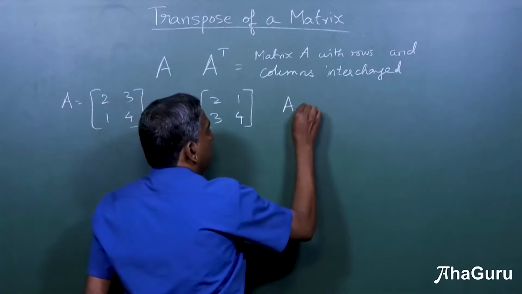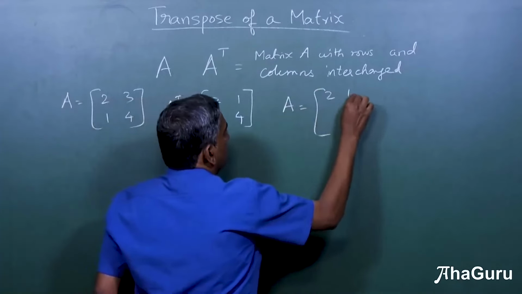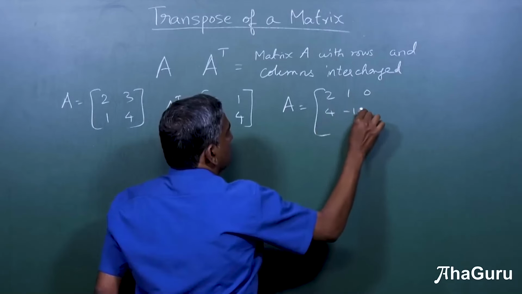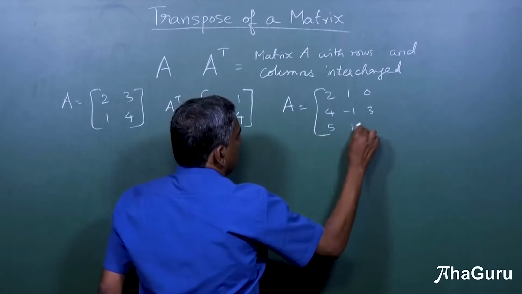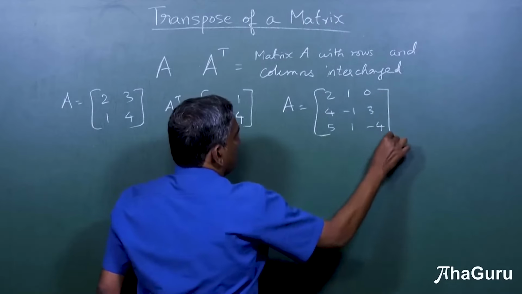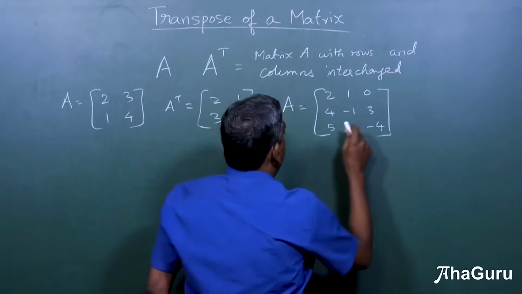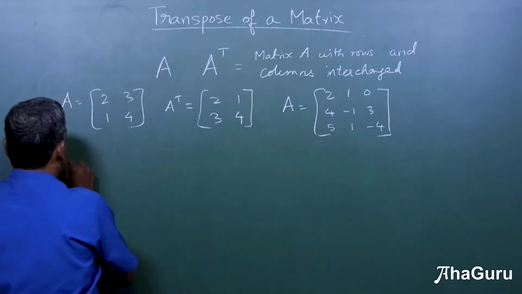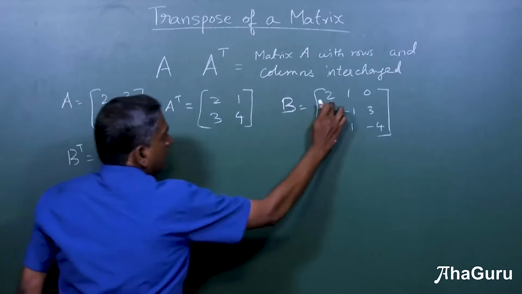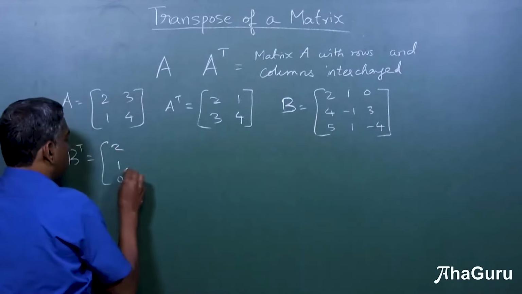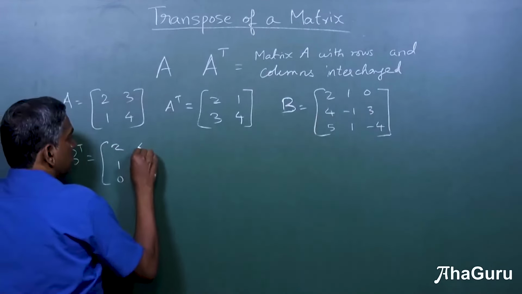If you take a 3 by 3 matrix, okay, this is a 3 by 3 matrix, and if that is A, then A transpose will be, or let's call this B, and write B transpose as: take this row, make this 4, minus 1, 3, 5, 1, minus 4.